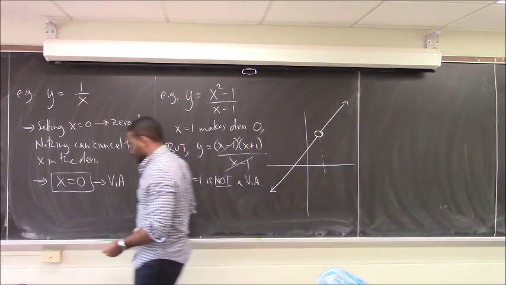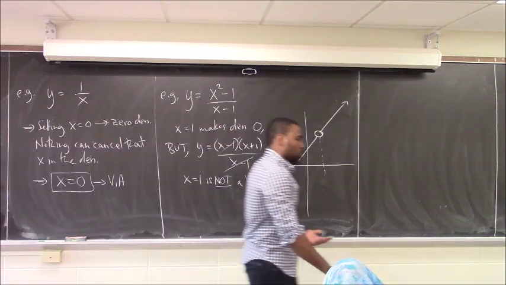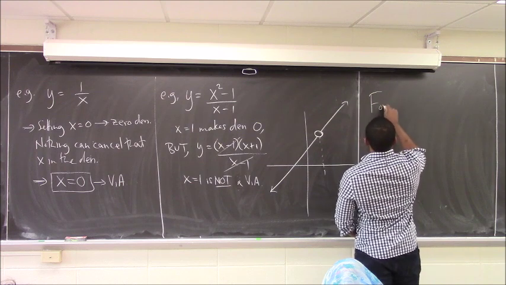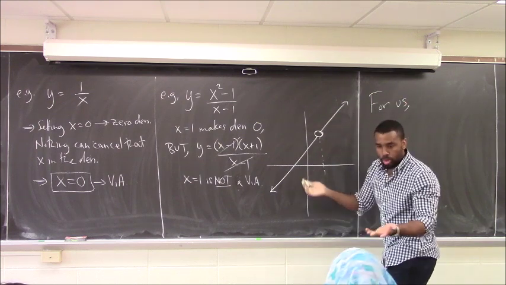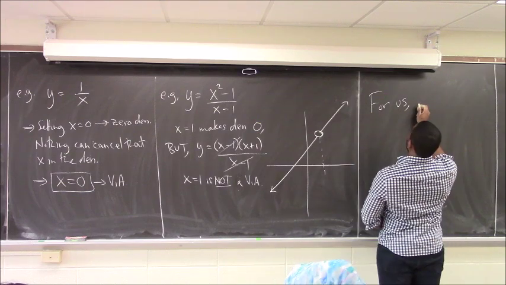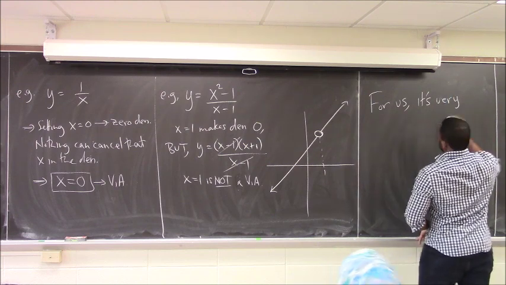Now, unlike horizontal asymptotes, for us it's quite strange for a function to cross its vertical asymptote. For us, meaning Calc 1 people, there are functions that do this, but they're very strange. For us, it's very strange to cross your vertical asymptote.